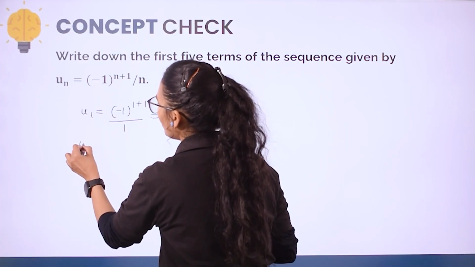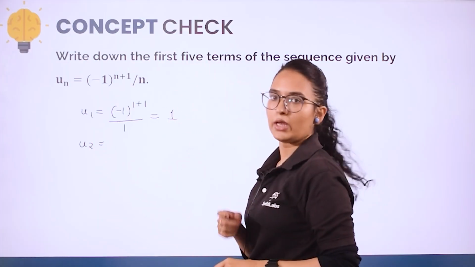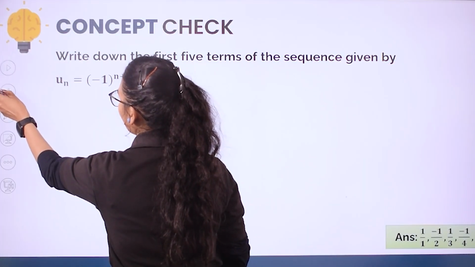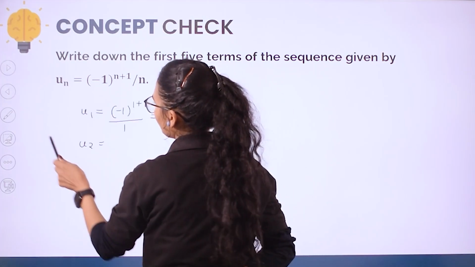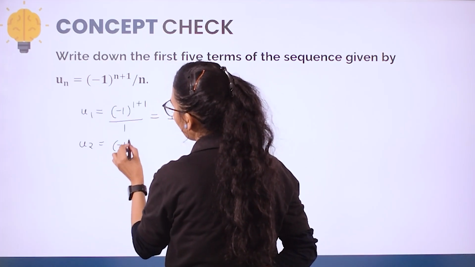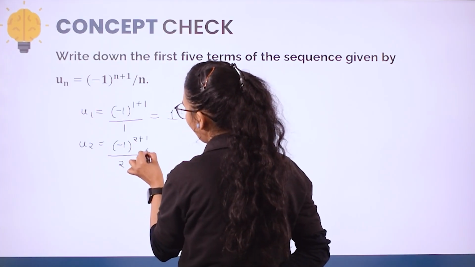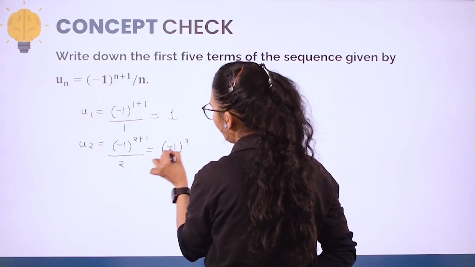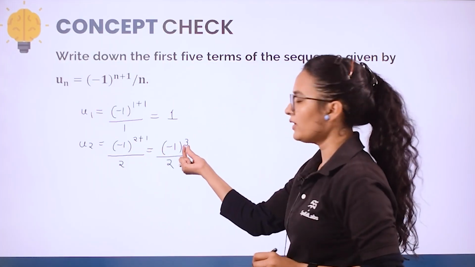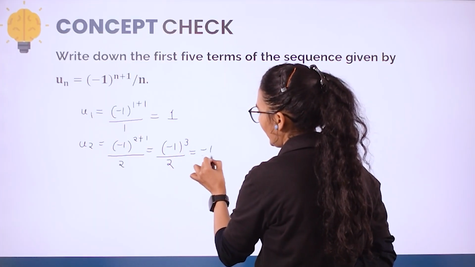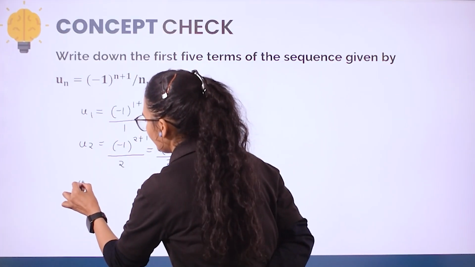Next, U2 equals minus 1 raised to the power of 2 plus 1, divided by 2, so minus 1 raised to the power of 3 divided by 2. Odd power of minus 1 gives a negative answer: minus 1 by 2.